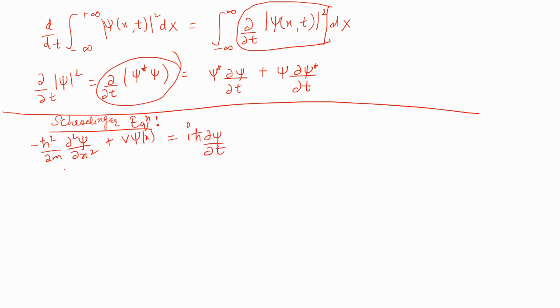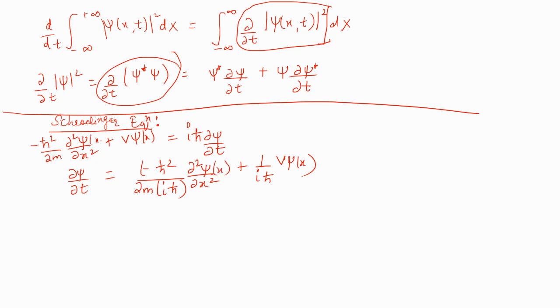Now, what you have to do is take this i h cross to the left hand side. So you will get d psi by dt equals minus h cross square upon 2m i h cross times d2 psi by dx square, plus 1 upon i h cross V psi. If I'm doing anything wrong, please tell me. Here h cross and h cross square will cancel, leaving one h cross.